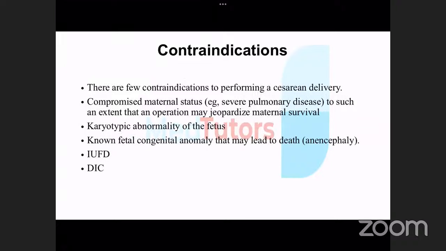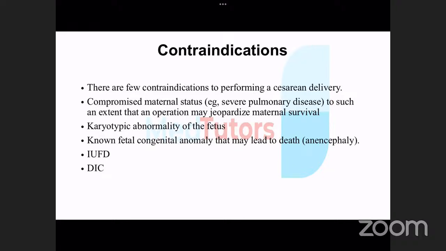What are the contraindications to cesarean section? For every indication, there are contraindications, right? So there are contraindications to cesarean section. When you have compromised maternal status, when you have severe cardiac and pulmonary disease, in which the operation itself or the anesthesia may jeopardize maternal survival.